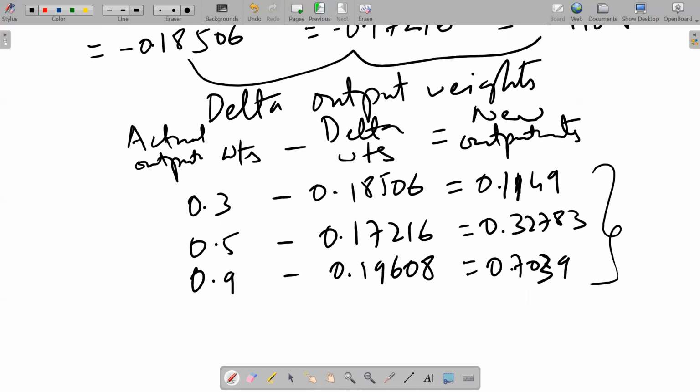When you're doing it in Excel, you have to add the negative. So this is minimizing the error, not maximizing it. So these are the new output weights. In the next iteration, the neural network will replace the old output weights with these new output weights.